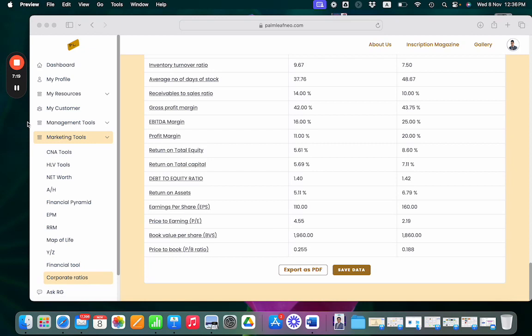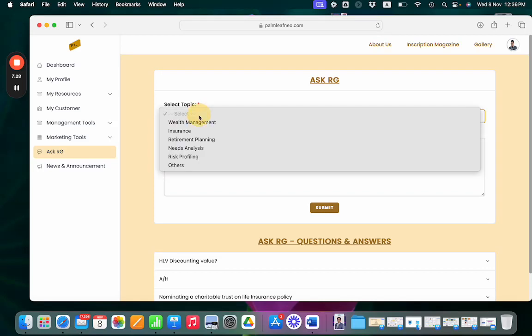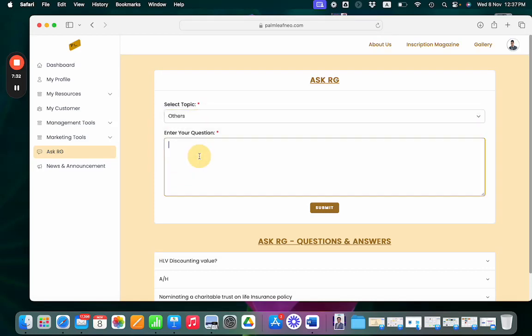In case you have any doubts on this, here you can always use the Ask RG menu here. You can type it here, Ask RG, select the topic, anything for that matter. You can go to others and let us say the debt to equity ratio needs explanation. For example, I'm just giving you an example here.